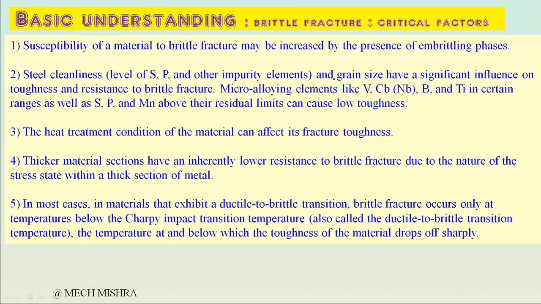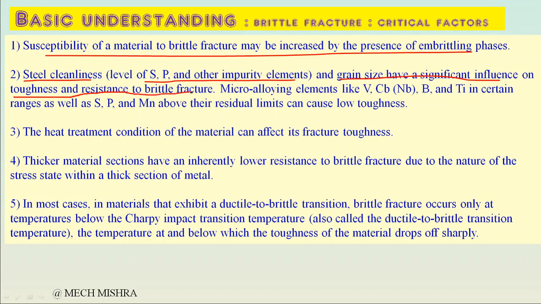Now what are the critical factors for brittle fracture? The susceptibility of the material to brittle fracture may be increased by the presence of an embrittling phase. Also the steel cleanliness, meaning the chemical impurities in the metal like the level of sulfur, phosphorus and other impurities, and the grain size have significant influence on the toughness and resistance to brittle fracture.